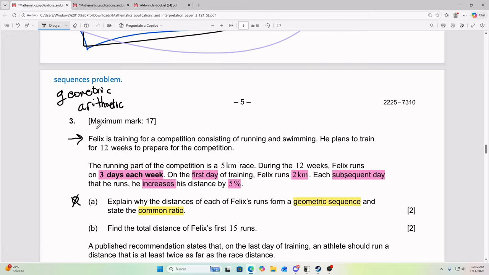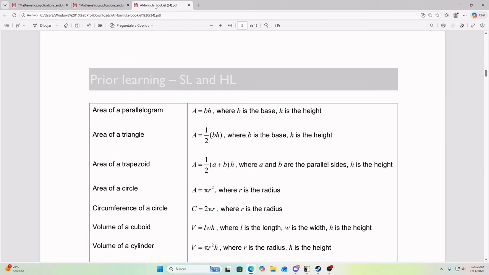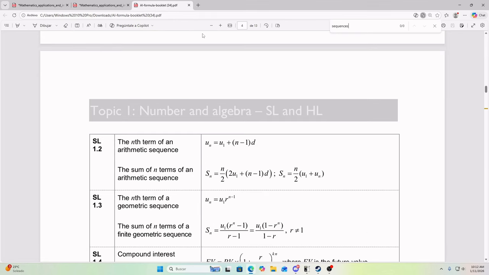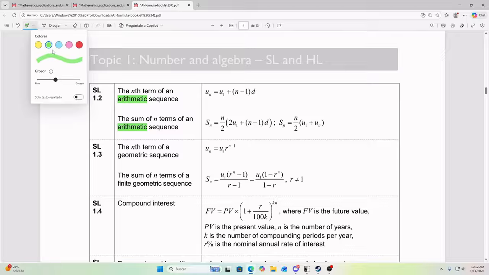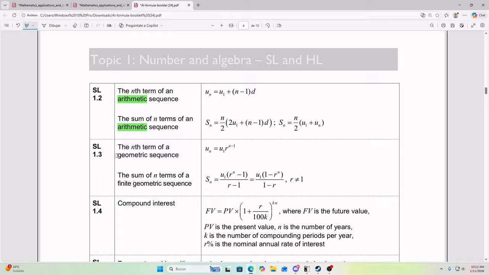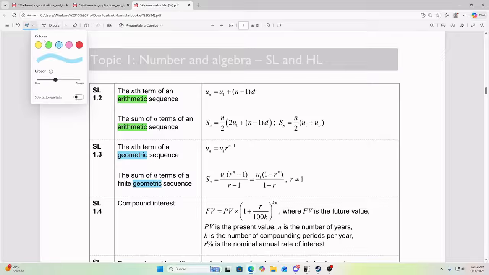The moment you identify you are in a sequences problem, go to the sequences portion of your formula booklet. There, you can see that up top we have 2 things for arithmetic, and on the bottom, 2 things for geometric. In both cases, one of them is for the nth term.